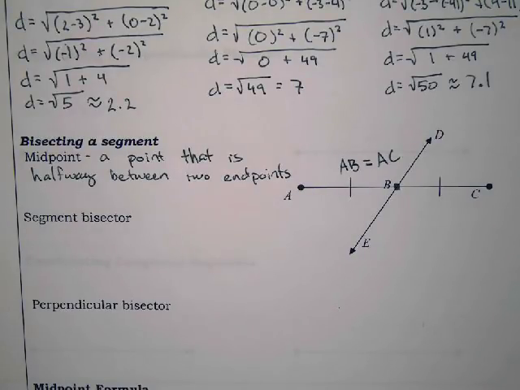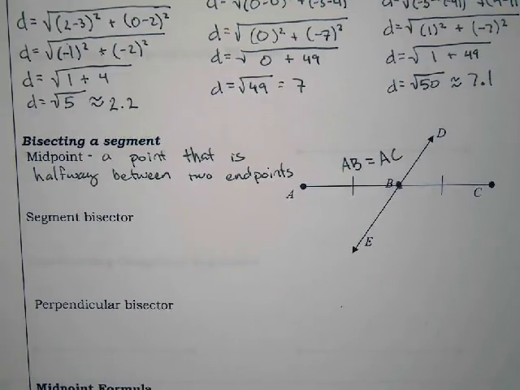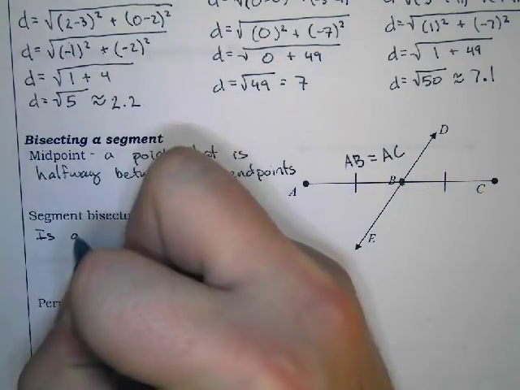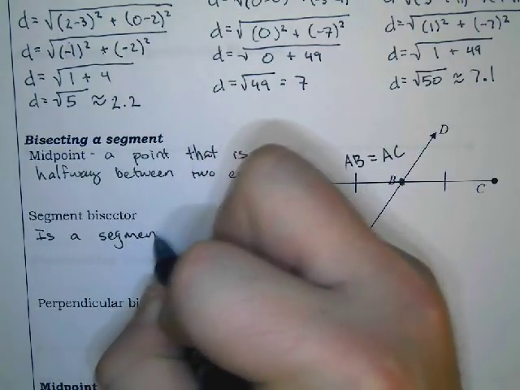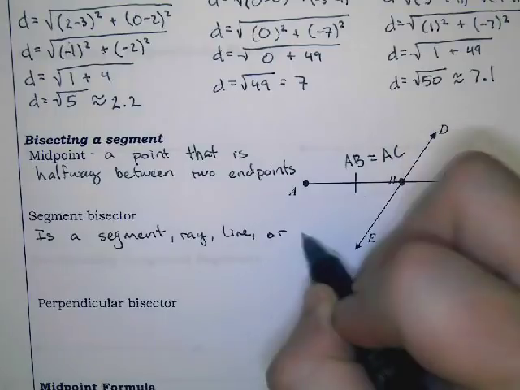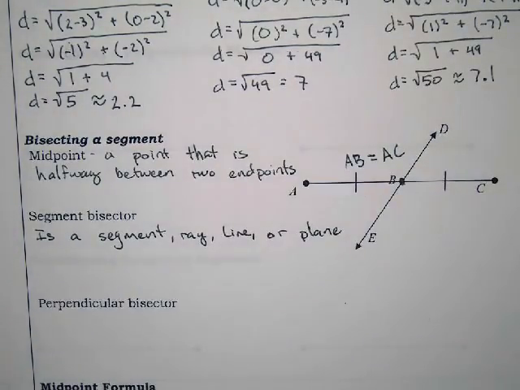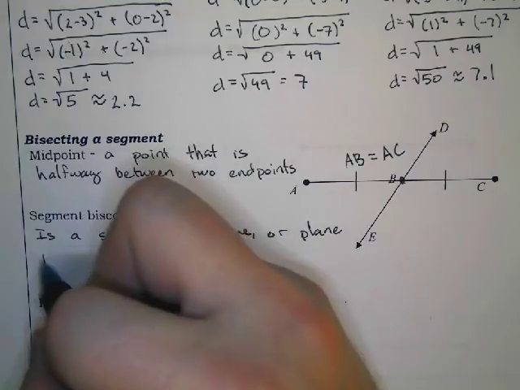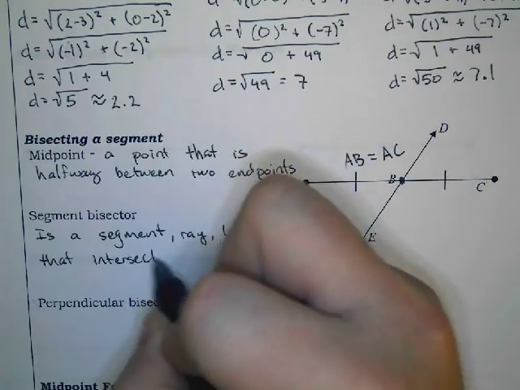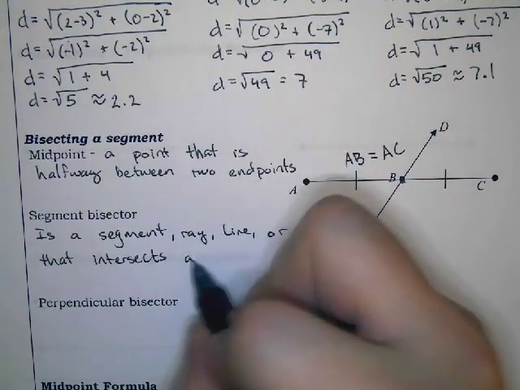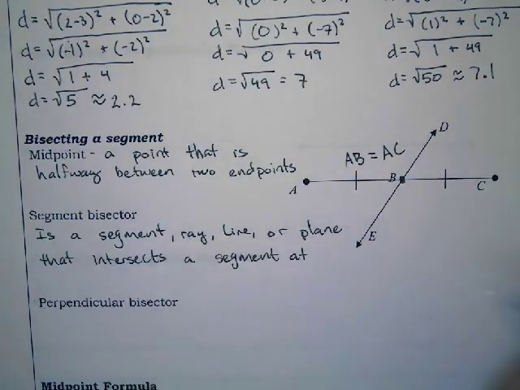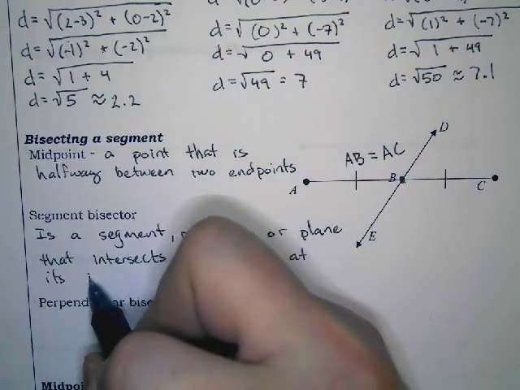A segment bisector is a segment, ray, line, or plane that intersects a segment at its midpoint.